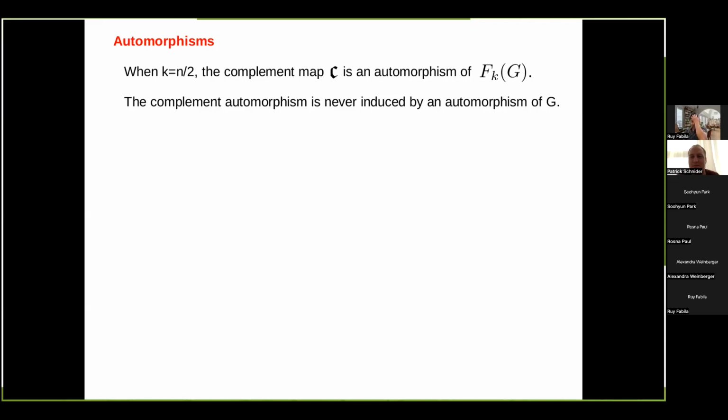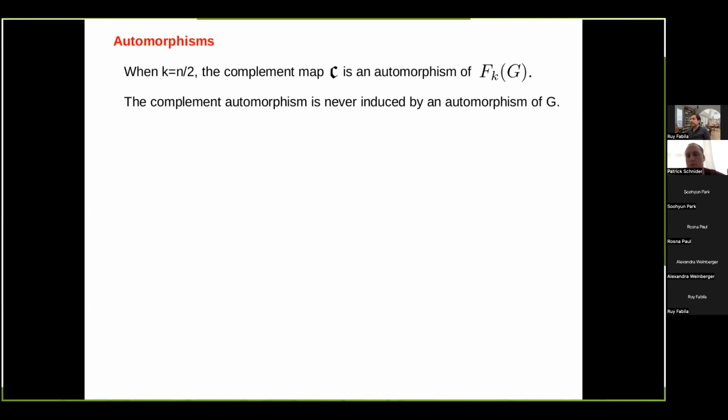Thanks. So yes, when you have exactly half the number of vertices as tokens, then the complement will map sets of size k to sets of size k. And it turns out that that is also an automorphism of the token graph. And this new automorphism is never induced by an automorphism of G, okay?